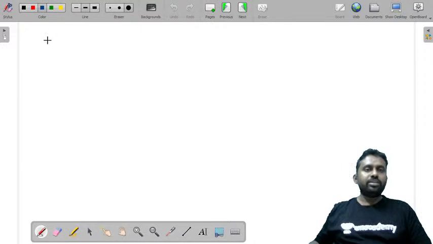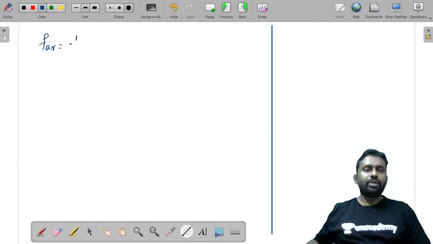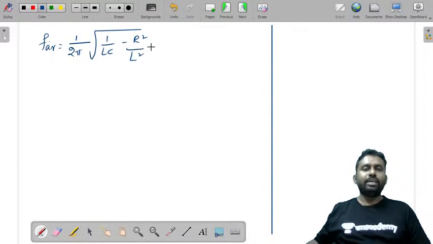So what is f naught, or FAR? FAR is equal to 1 by 2 pi root of (1 by LC minus R square by L square).